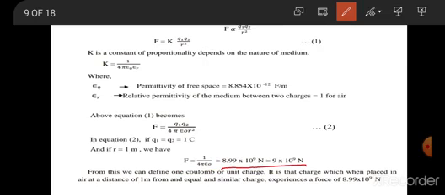And we just round that to 9 into 10 to the power 9 Newton. So from this we can define 1 coulomb or the unit charge, and it is that charge which, when placed in air at a distance of 1 meter from an equal and similar charge, experiences a force of 8.99 into 10 to the power 9 Newton.